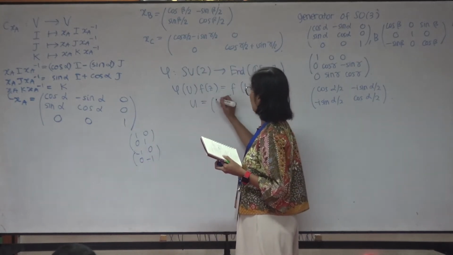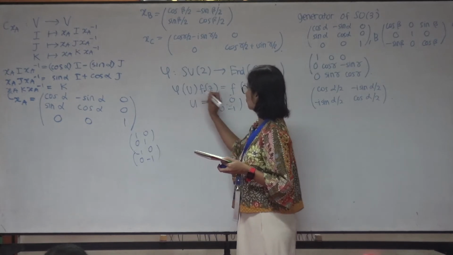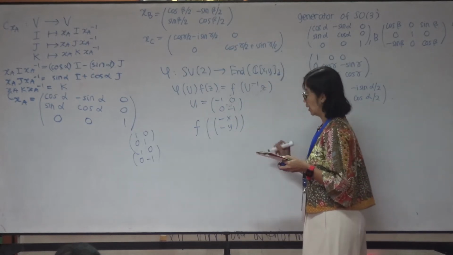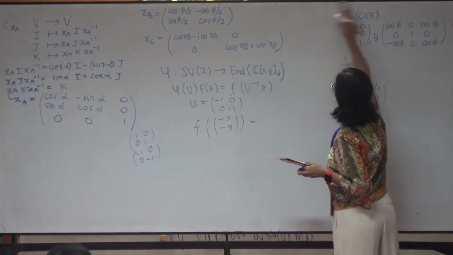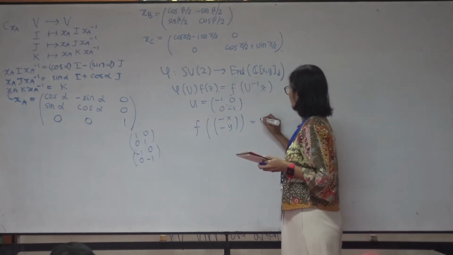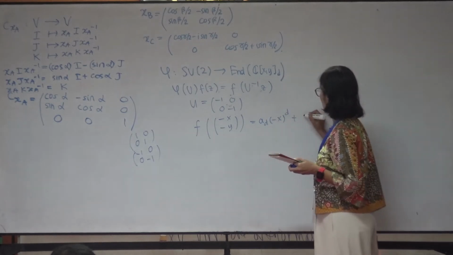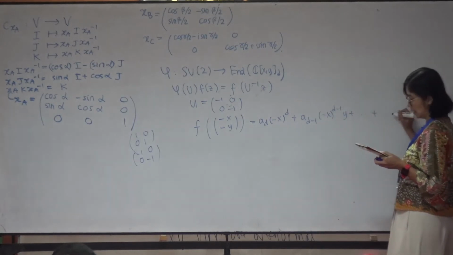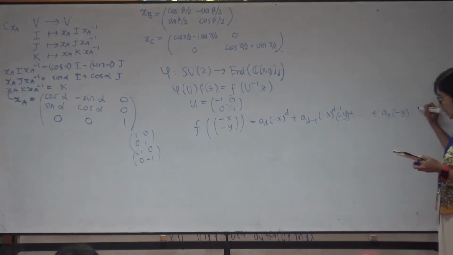When you take u equal to -1, you compute this, f(-x, -y), and this will be a_d (-x)^d plus a_{d-1} (-x)^{d-1}(-y), and the last one, a_0, should be (-1)^d, times (-y)^d.